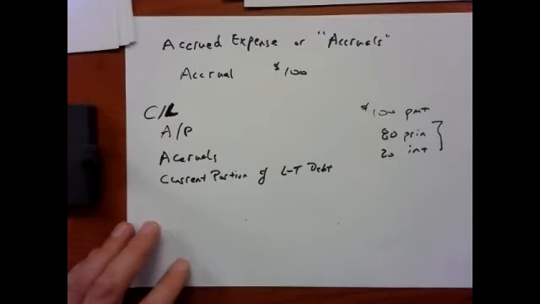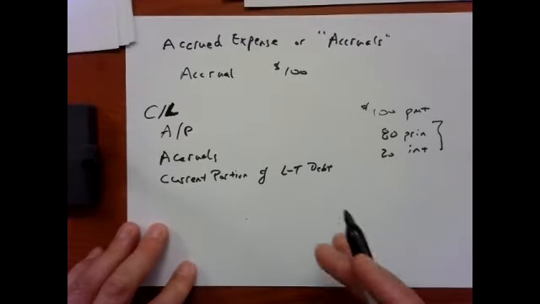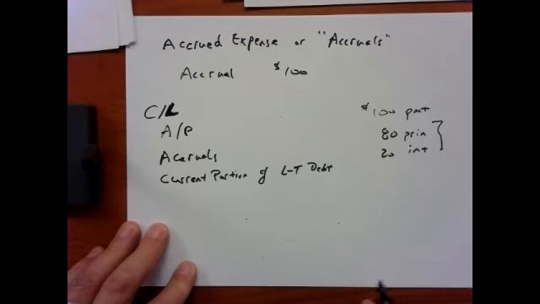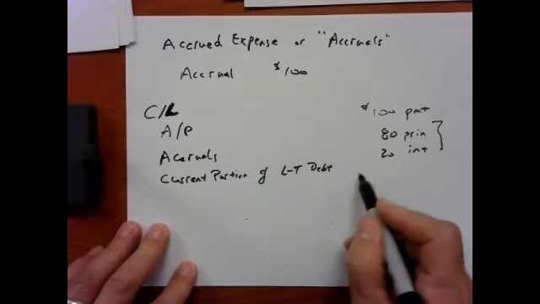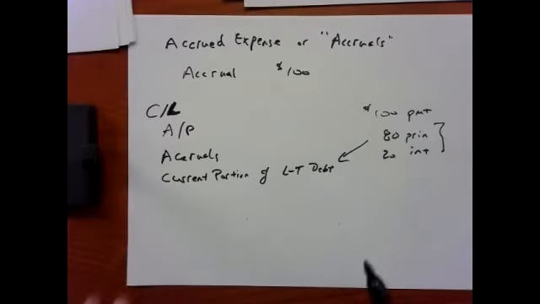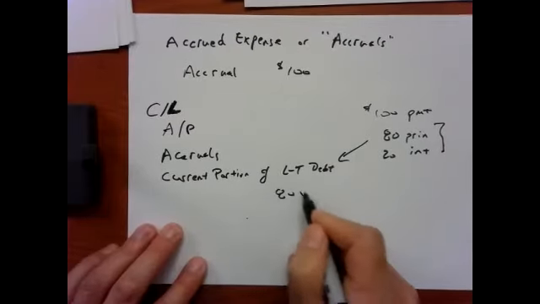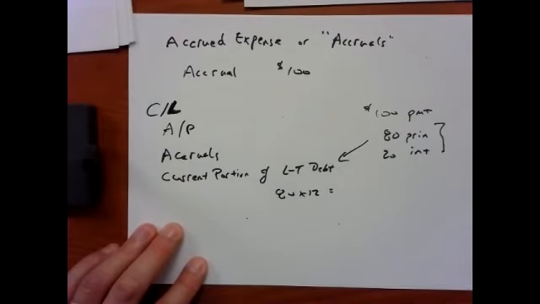So in this year, the current portion of your long-term debt, you're going to pay $100 a month. 80 of that is going to be toward principal. That's what gets carried here. So you would take 80 times 12.